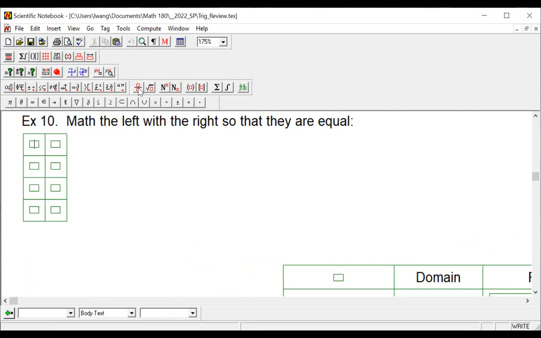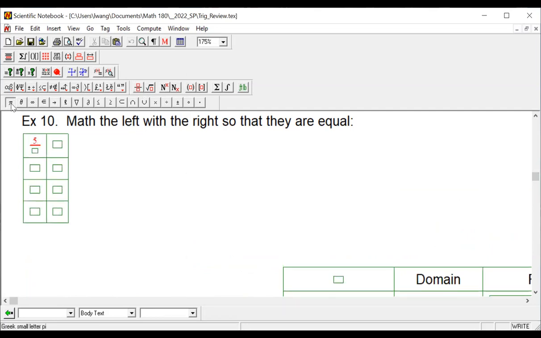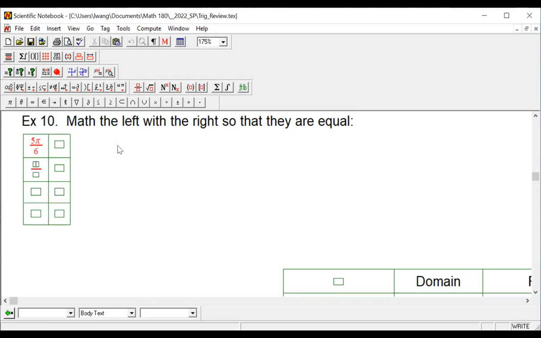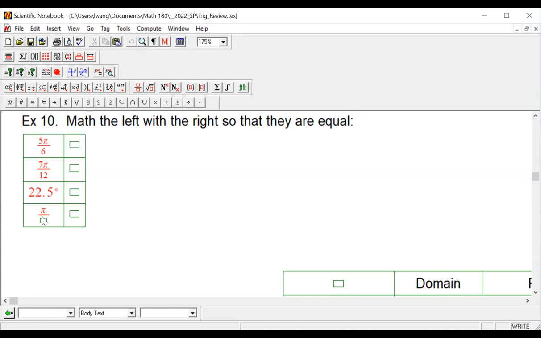On one side is 5 pi over 6, 7 pi over 6, 7 pi over 12, sorry. And the other ones are 22.5 degrees, and pi over 12.